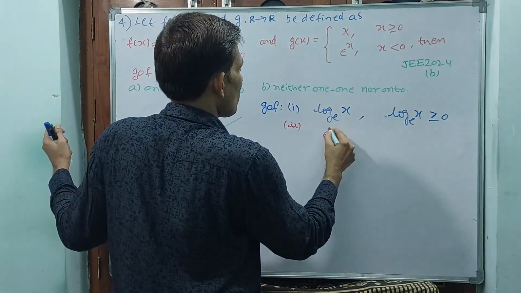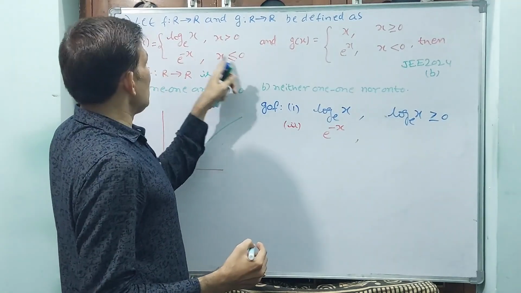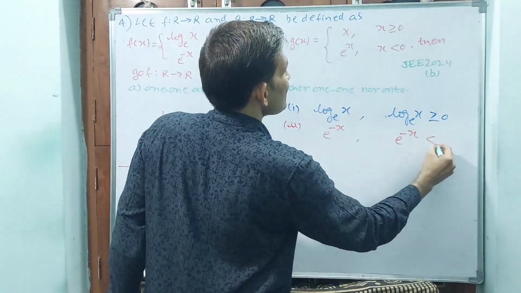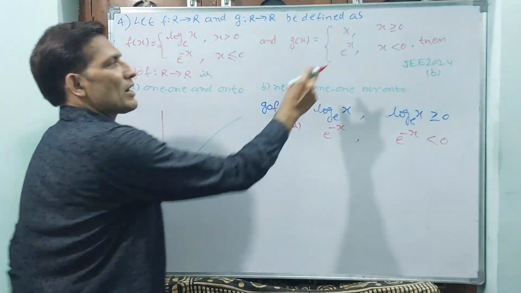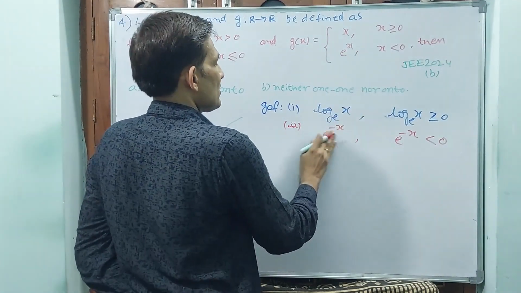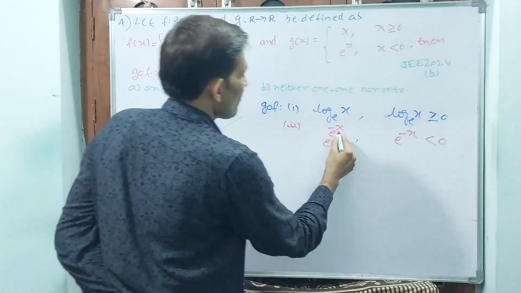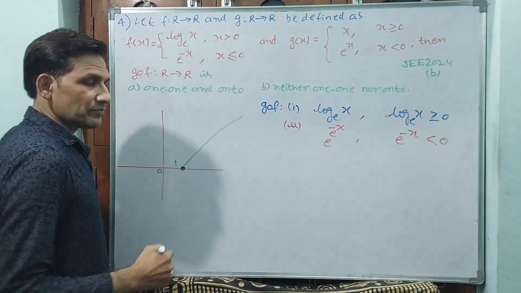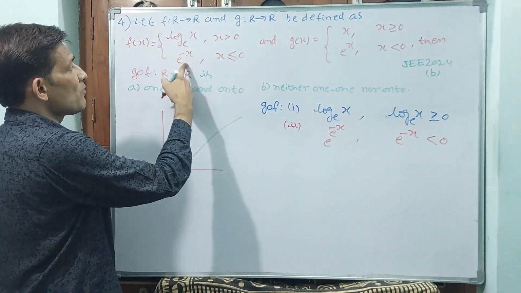Let me write e power minus x. But this e power minus x is not this value. X is less than or equal to 0, e power minus x.